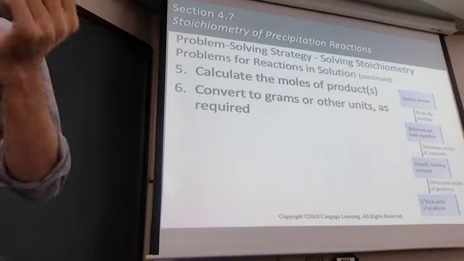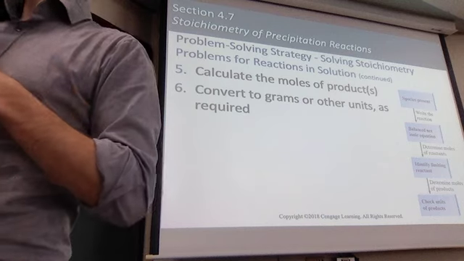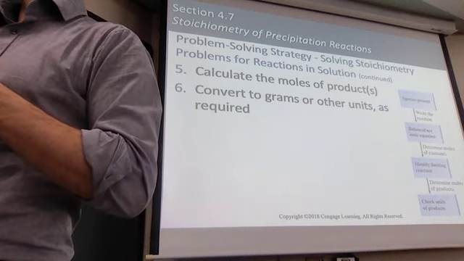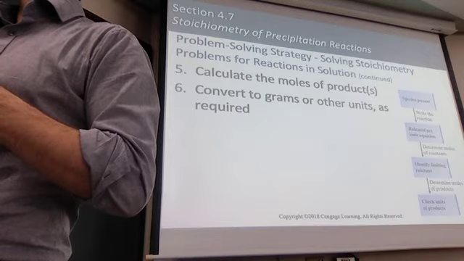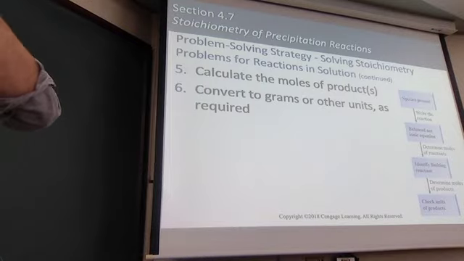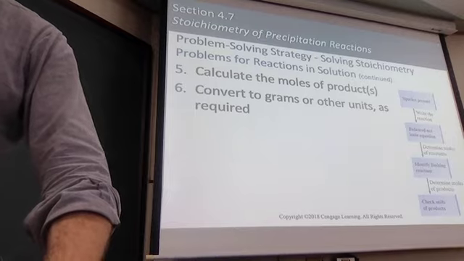You could take like barium chloride solution and combine it with something where the cation is the same in both cases, or the anion is the same in both cases, right? And in that case, you could determine the limiting reactant and then convert to the product mass.